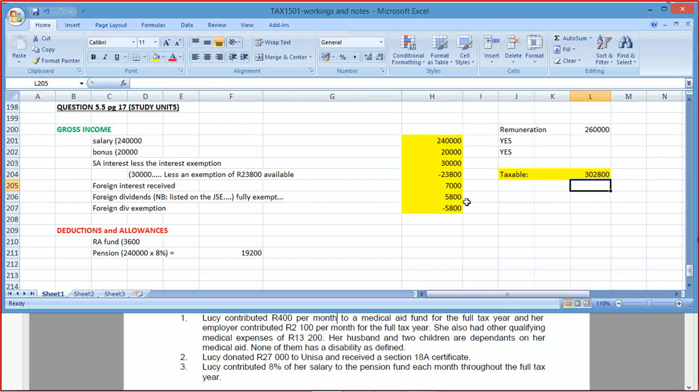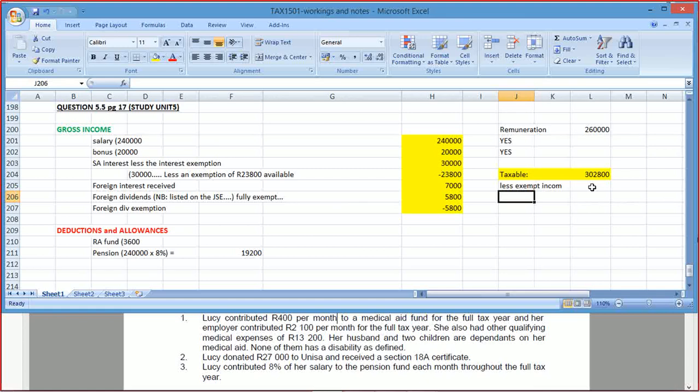Okay, let me do this better. Salary is what she earned, plus the bonus, plus the interest, plus the dividends. That was the total. She had interest deduction of that. Her interest was received, and then the foreign dividends was received.